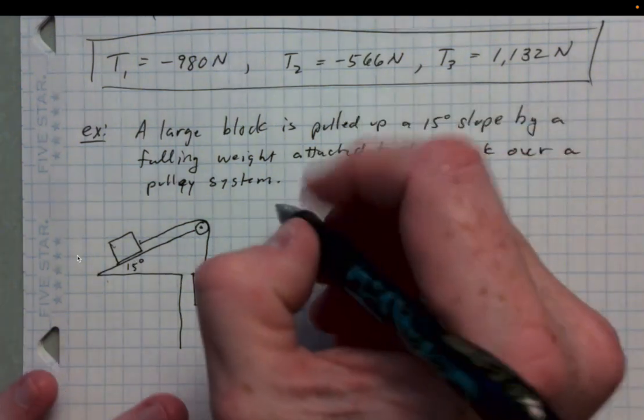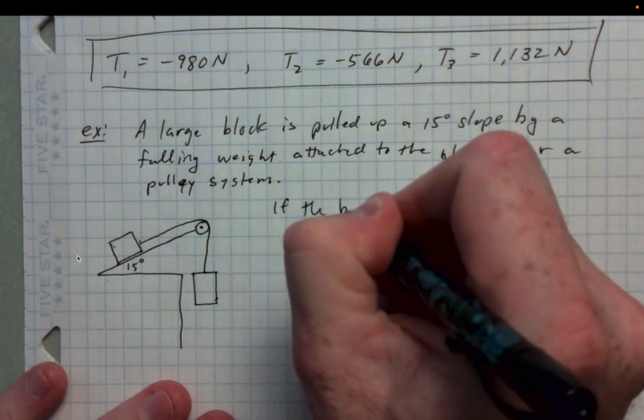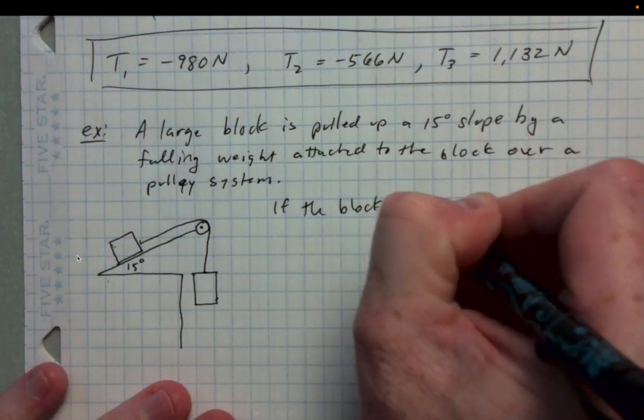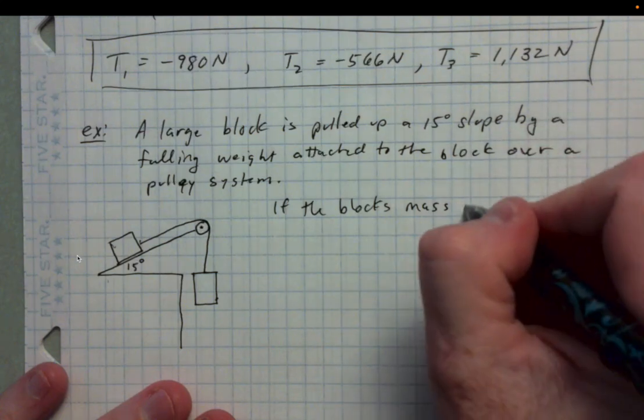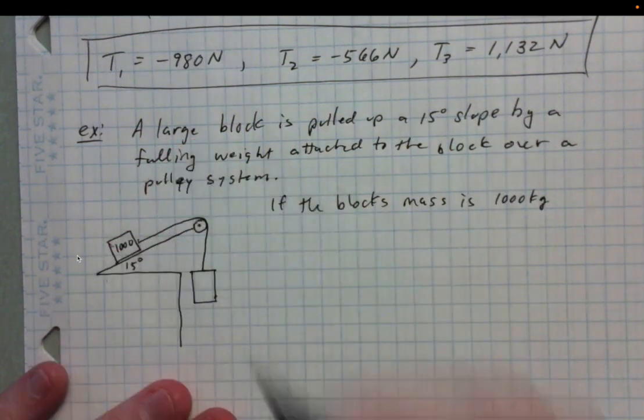Okay. So here's the question. If the block's mass is 1,000 kilograms, that's this thing, 1,000.